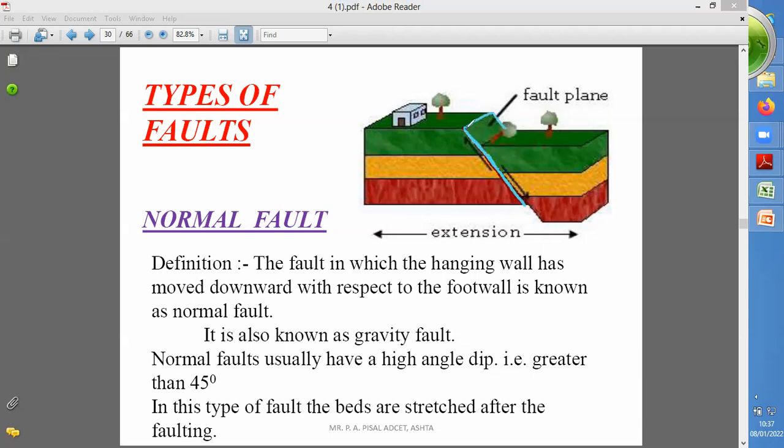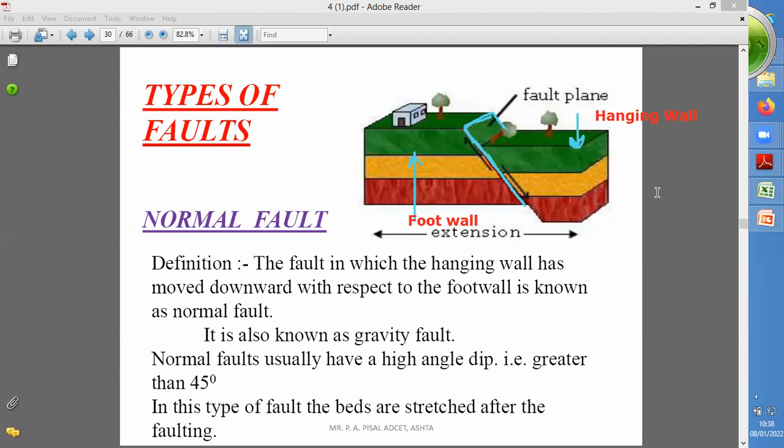This block rests above the fault plane, so it is considered the hanging wall, and this block present below the fault plane is considered the footwall. Just a minute, I will write here footwall, and this is the hanging wall.